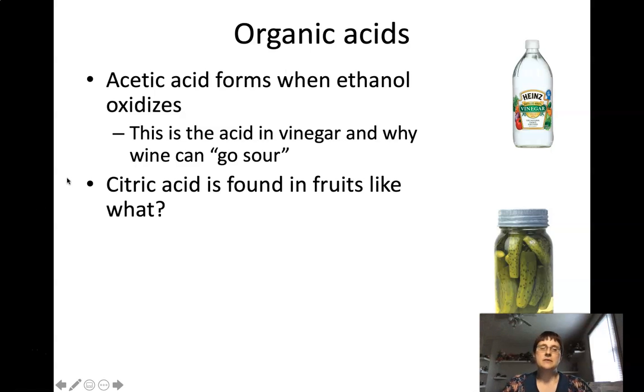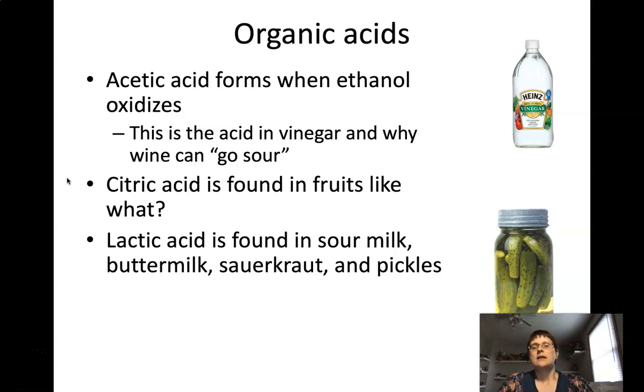Citric acid is also an organic acid, and you find it in fruits like, and if you say citrus, things like lemons and limes and oranges and grapefruits, they all are going to contain citric acid. Lactic acid, this guy is going to be found in sour milk, so when milk goes bad.